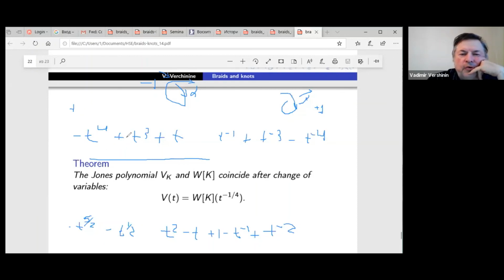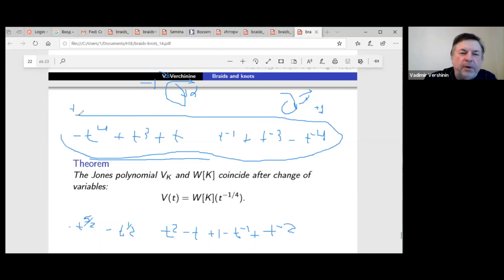So Jones easily distinguished the right-handed and left-handed trefoil, which was not so simple before. Because of this formula, they are different. Jones got the Fields Medal in 1990.